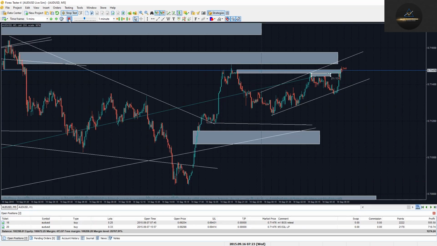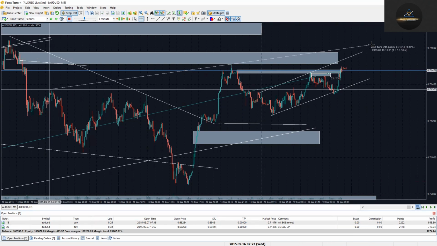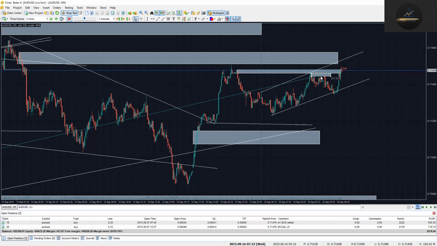Let's keep going. And let's look for a potential short up here. So we've got the 1, 2. Are there any other confluences? Not really. So we can get rid of this one. Can get rid of that one.